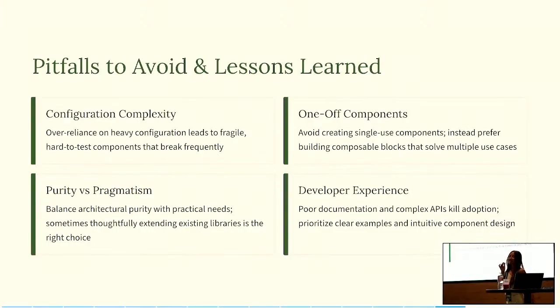And again, just common pitfalls to avoid and lessons that we've learned. Composition over configuration, having one component do one thing really well, and providing a better developer experience so that developers actually use our components, with good documentation in Storybook with clear examples.